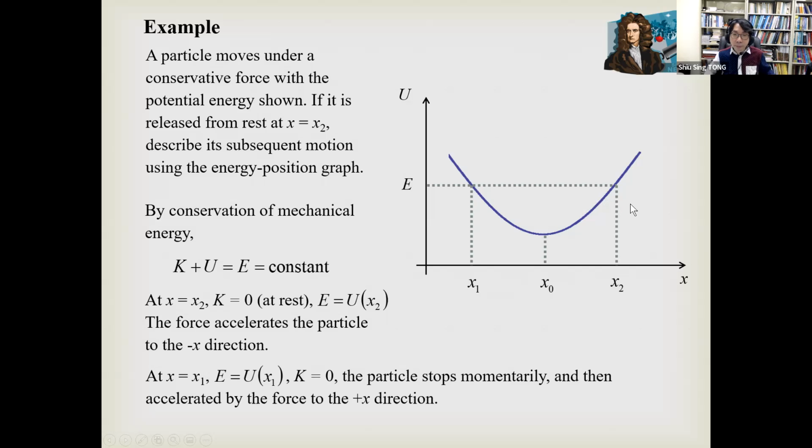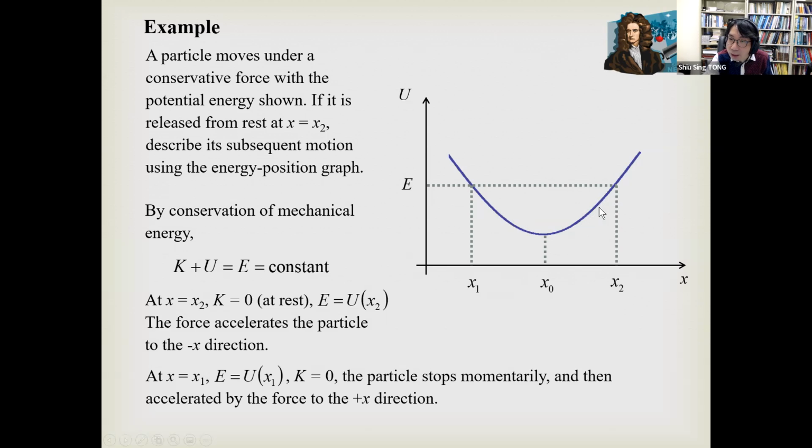Now, what will happen next is that the force acting on this body is accelerating the body in the negative x direction, right? So the object keeps accelerating, and at the minimum position of the potential energy, its speed is largest. And then when we go to the other side, its speed decreases because it is decelerated by the force, right?